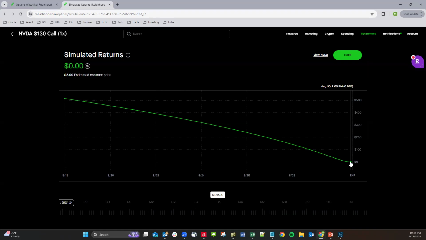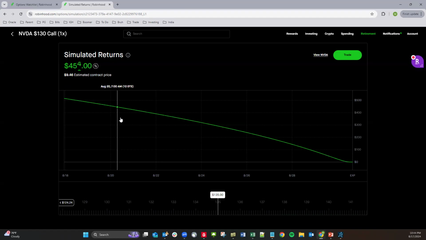So expiry is very less. So on 8/30 anyway, it will be fully gone. But if you look at it, let's say come Monday, it goes to 135, I stand a gain of 455, which is close to 100%, right? We invested $500 and your profit is 455.